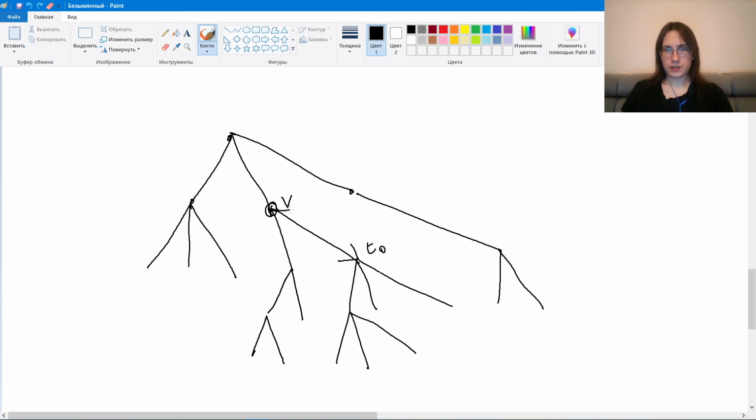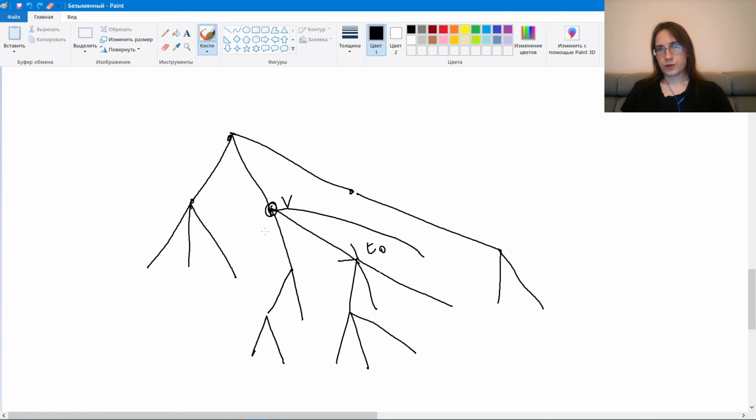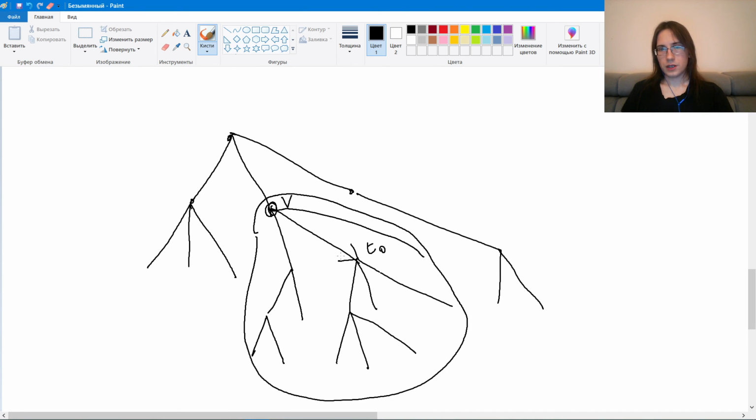Let's imagine v had another son here. So all those distances from them to v. To get that, we can just take dp of v, which already contains the hash of the set of all distances from the subtree of v to v. And we just need to get rid of those distances from those points to v.